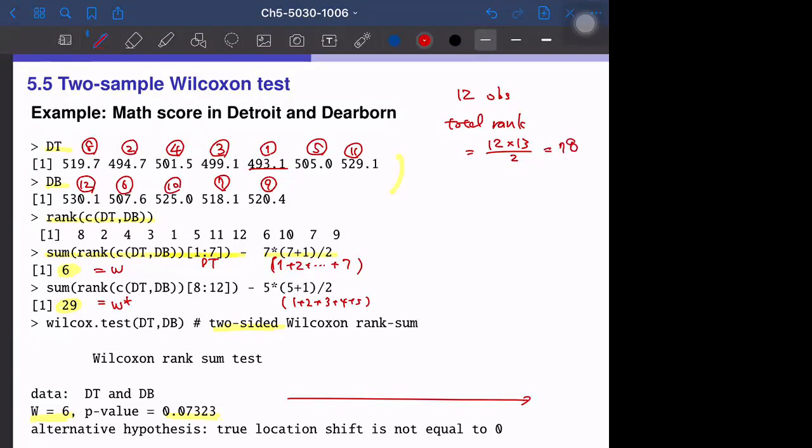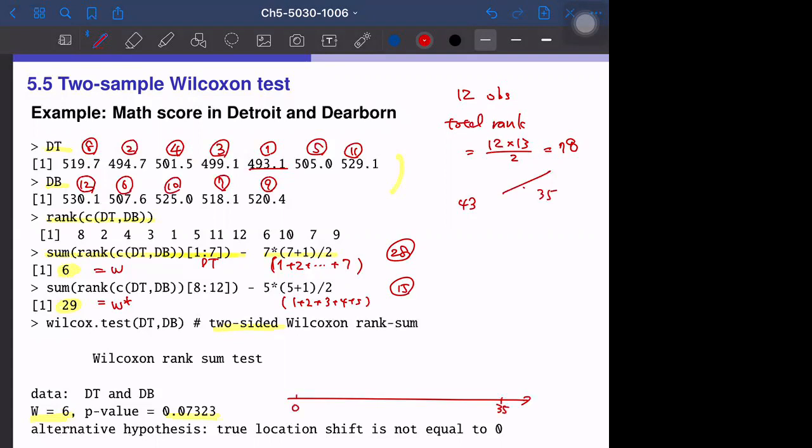The minimum ranks are 1 to 7 and 1 to 5, so this is 28 and this is 15. So we have 43. So the difference is 35. So W ranges from 0 to 35.